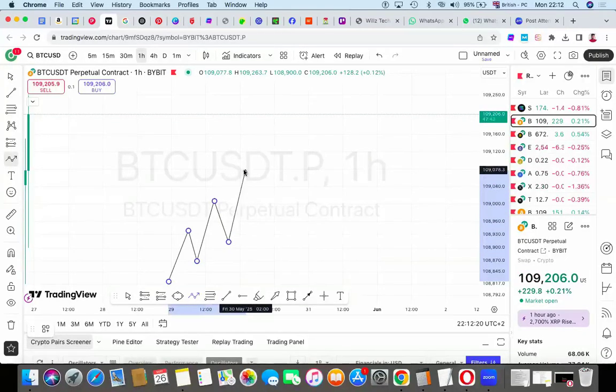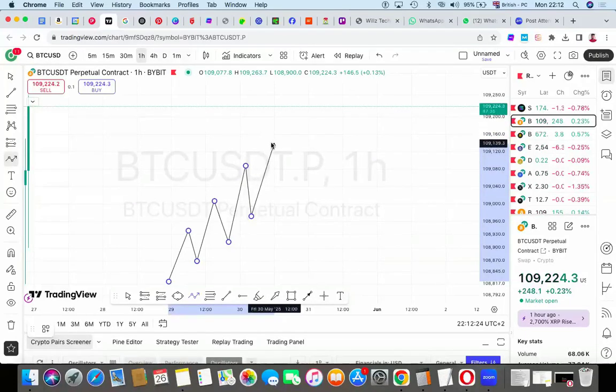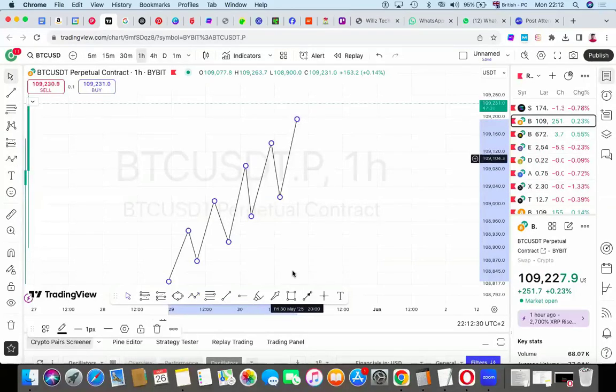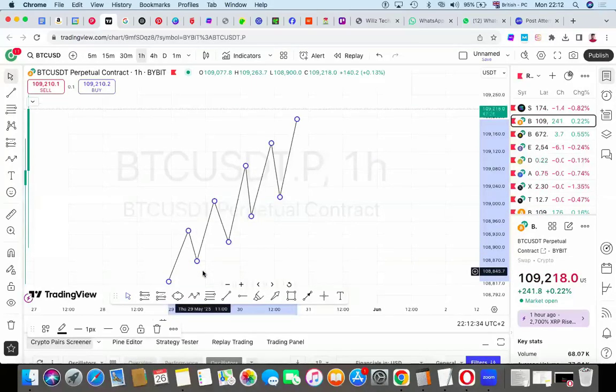So you have something like this. The market will continue to offer you something like this, breaking structure again to the upside like this. So: impulsive move to the upside, pullback leg to the downside, and a break of structure creating a new high.